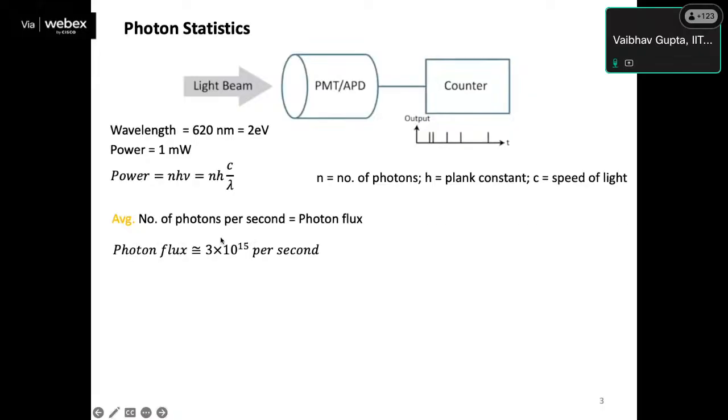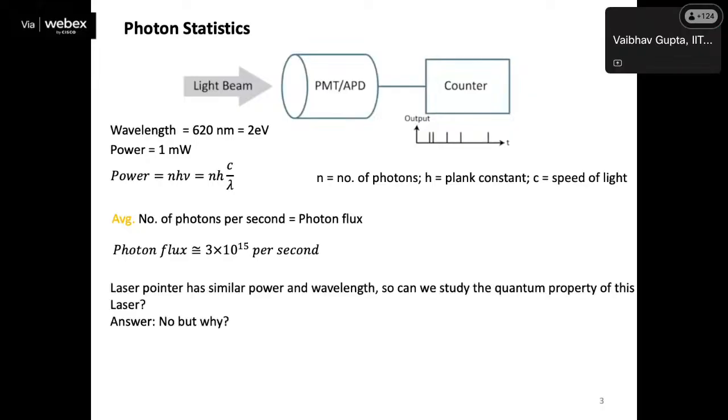It comes out roughly 10 to the power 15 per second. I just want to give you a rough estimate of how many photons are coming per second. This power of 1 milliwatt is roughly a normal laser pointer, like we use when we give presentations. And this laser pointer in 1 second gives 10 to the power 15 photons.